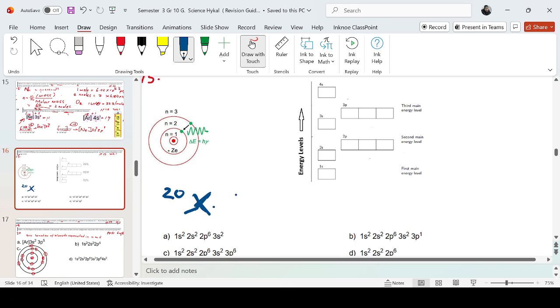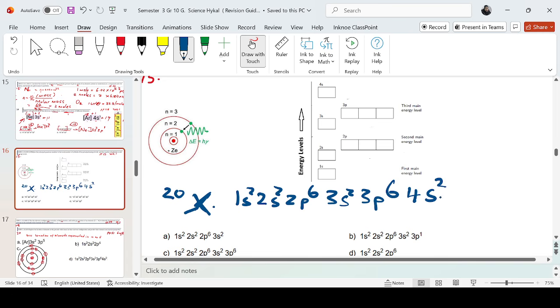We start with 1s2, 2s2, 2p6, then 3s2, 3p6. How many electrons are there? 2, 4, 6, 8, 18. Okay? Then next, 4s2. How many electrons? 20.